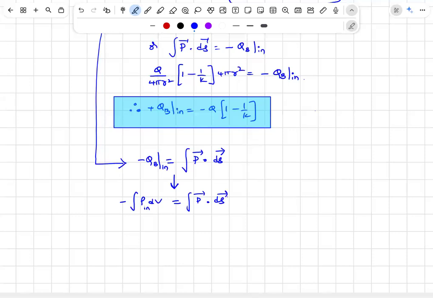Notice the left hand side you have volume integration, and on the right hand side you have a surface integration. To link these two, there is a theorem in vectors, the divergence theorem. By applying that, you will get a condition called the differential form.